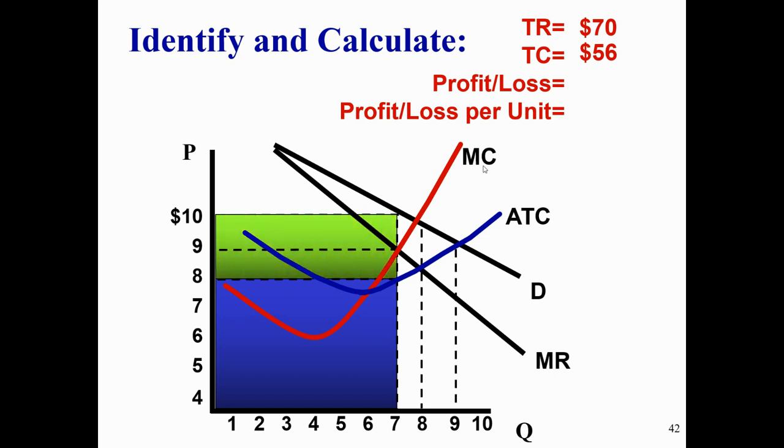I'm making a profit of how much? 14. I just subtract them. Easy peasy. Now, how much is my profit or loss per unit? Well, that's easy. If my profit is $14 and I'm producing 7 units, I just divide $14 by 7 units and my profit per unit is $2.